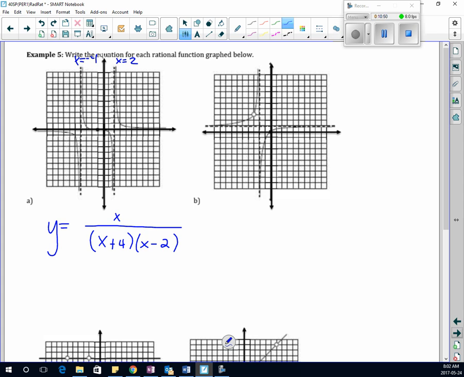Normally we just put an x on here to have a bigger denominator. However, we have an x-intercept here of negative 1, and the only way that can happen is if we put the numerator equal to the x-intercept. So if x is negative 1, we need to put x plus 1 and see if that works.